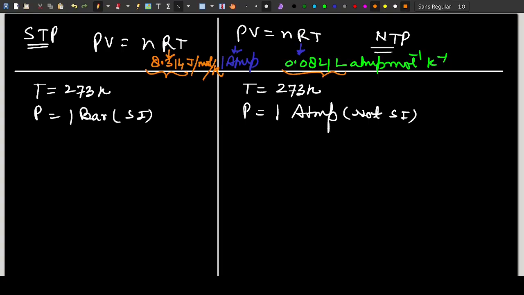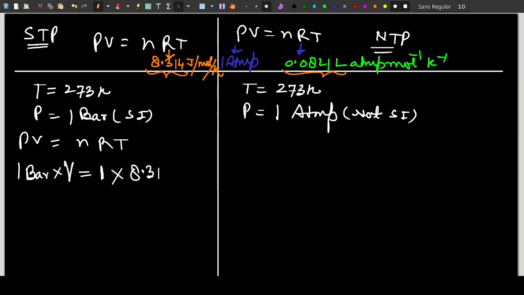So friends, here apply PV is equal to nRT. P is 1 bar, V we have to calculate, n is 1, R is 8.314 and T is 273.